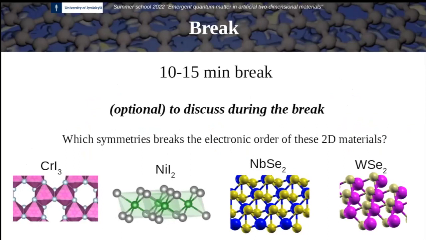Some of them we already briefly discussed, but think about which terms of the mean field or which kind of effective models you would need to use to describe the electronic structure of these four two-dimensional materials. And again, as before, you can take a picture if you want. So I would say that we can stop here for now.